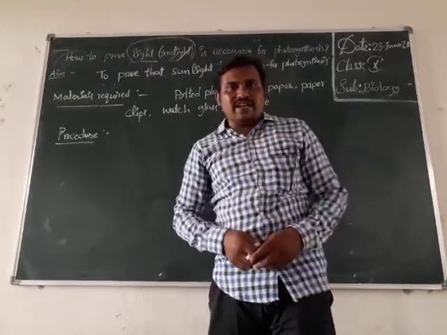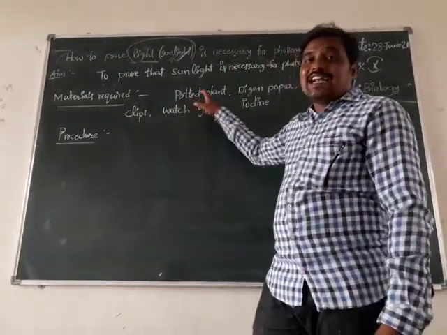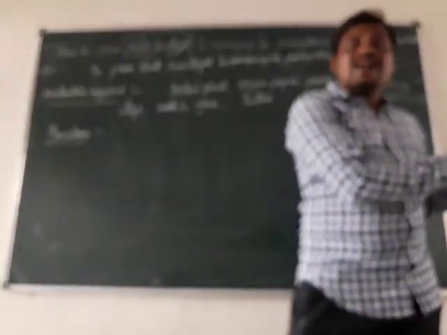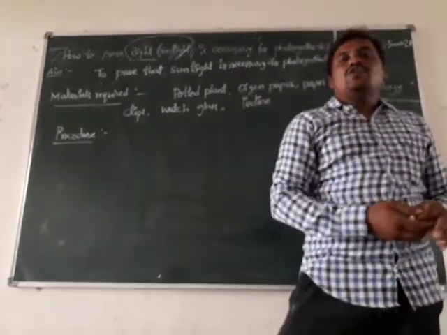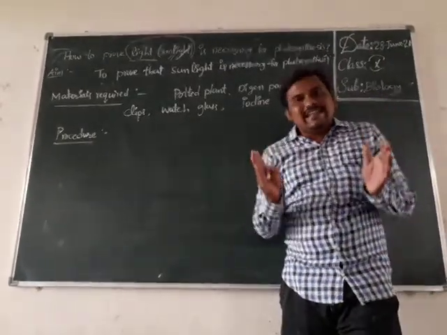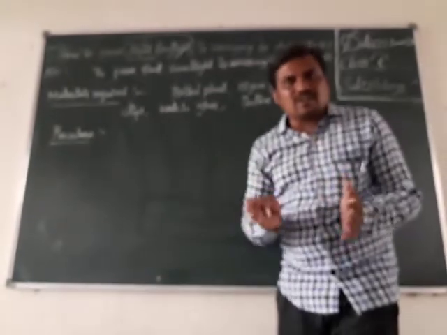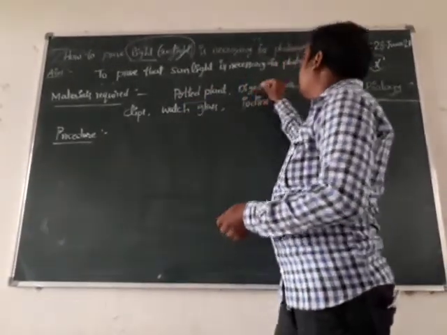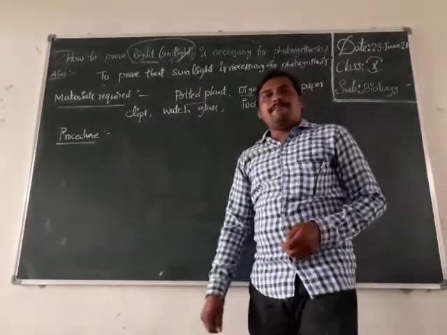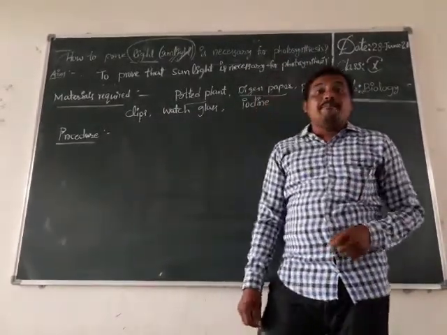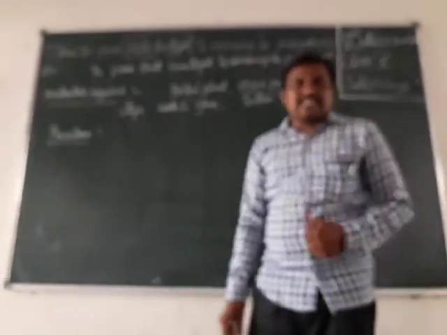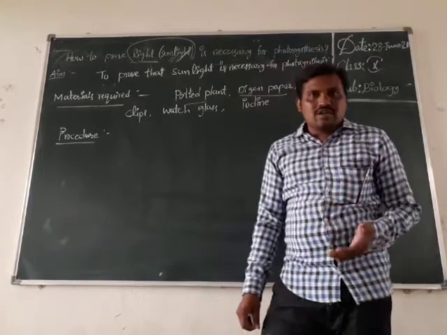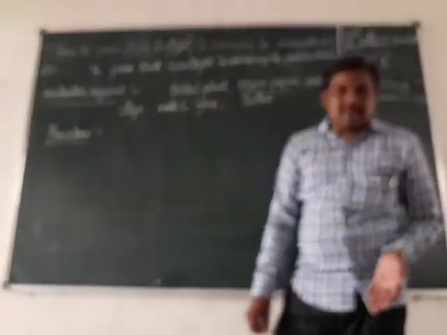That is the first part. The second point is, take a black paper and cut it with your own design, like a star or letters or symbols.